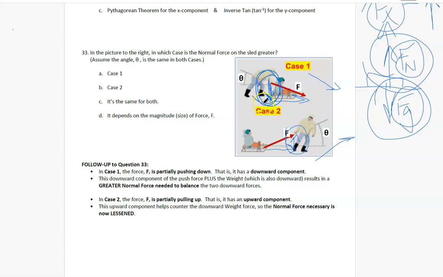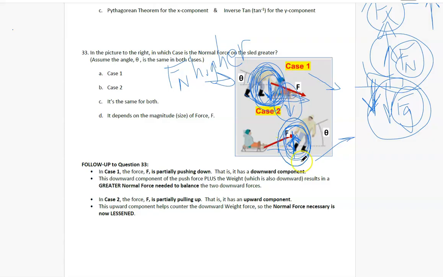So we're only interested in how these pushes or pulls are adding to the vertical forces. In case 1, you're pushing down even harder. So the weight is pushing down with a certain amount of force, and then whoever's pushing the sled is pushing down and forward, so there's a certain amount of down force added to the weight force, and therefore the normal force has to be higher in this case, because it has to match two downward forces, the weight force and the pushing down component.